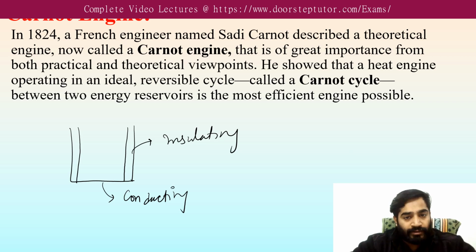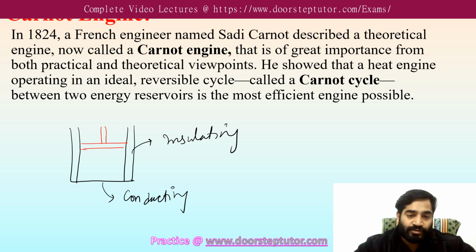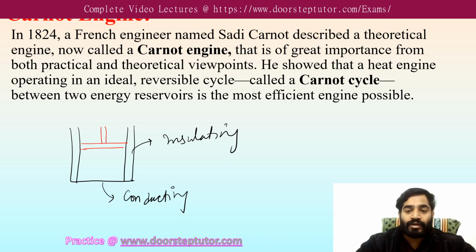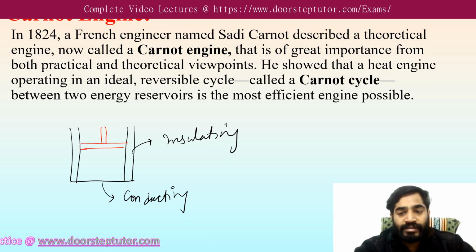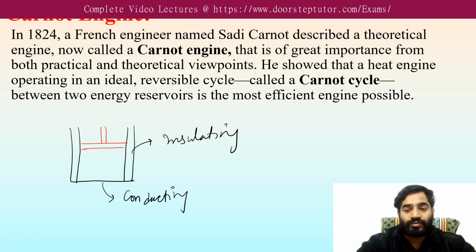In that, your piston is there, and the piston is moving freely. You can say a frictionless piston. So this is the source. And what is the sink? Sink is the cold reservoir. One is a hot reservoir, another is a cold reservoir. It is a reservoir at a lower temperature as compared to the source.